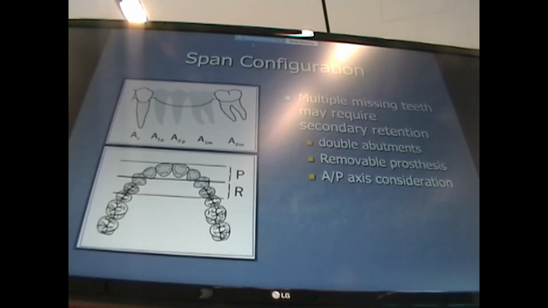If you have multiple missing teeth, you may need additional retention. In other words, if you have the top picture where you're missing 3 teeth, I don't think today I would even consider doing a fixed prosthesis. And that's because you have a long span, and when the mandible opens, the ramus in the mandible tilts outward.